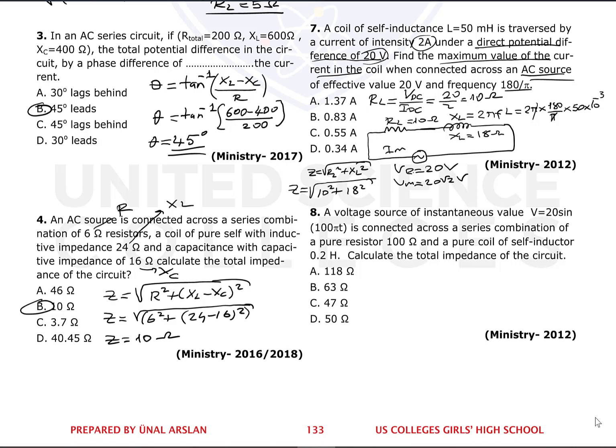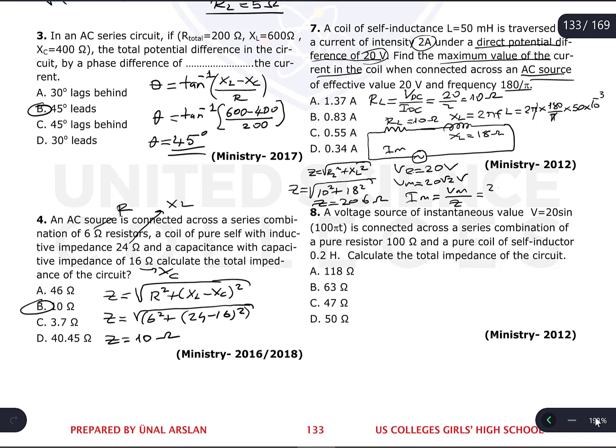Get the root. Answer is 20.6. Z is equal to 20.6 ohm.